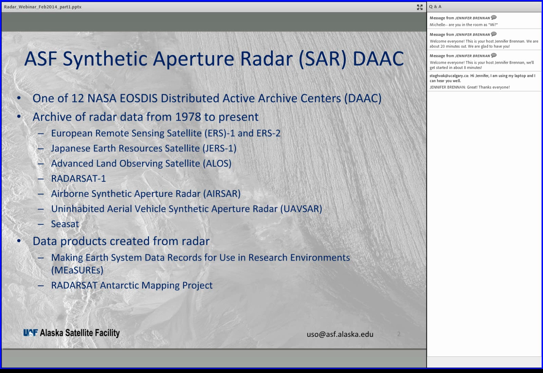The RadarSat-1 satellite, operated by the Canadian Space Agency, the Airborne Synthetic Aperture Radar, AIRSAR, the Uninhabited Aerial Vehicle Synthetic Aperture Radar, UAVSAR, and CSAT, all of which were operated by NASA.